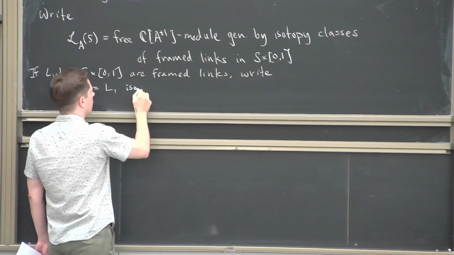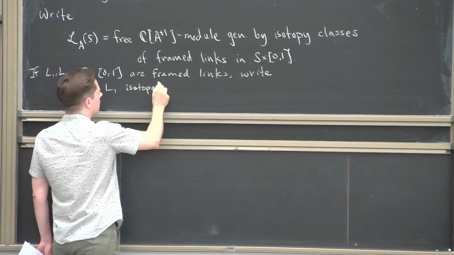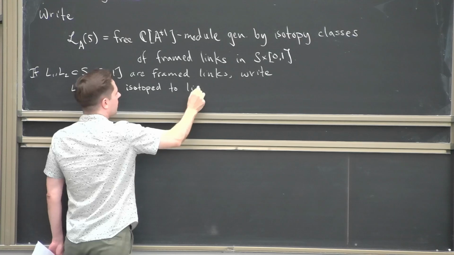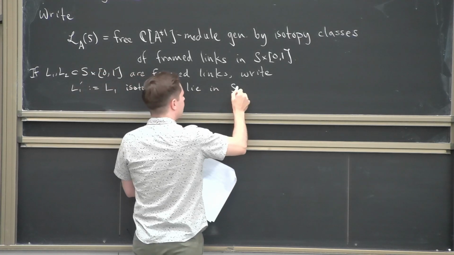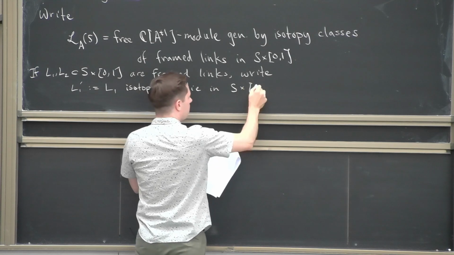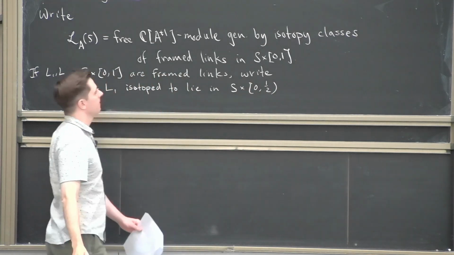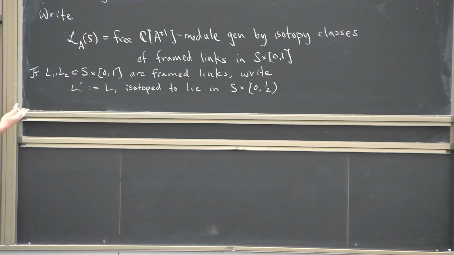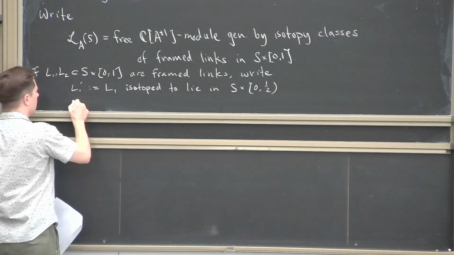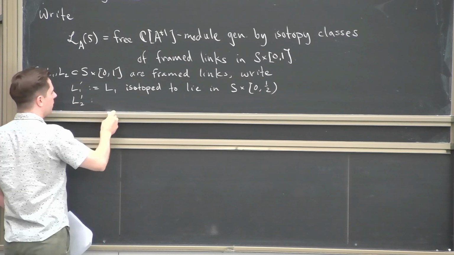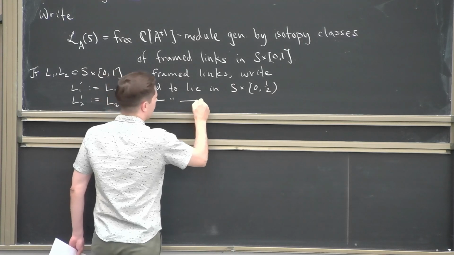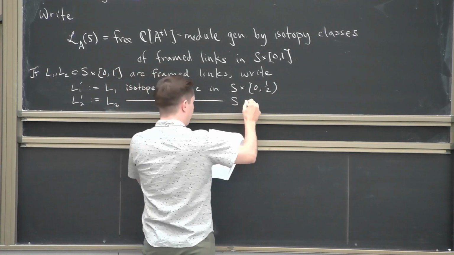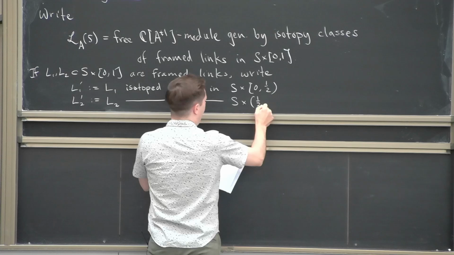So it's L1 isotoped to lie in this subspace S times the interval 0 to 1/2. Certainly you can always apply an isotopy to push any link into that part of the manifold. And similarly, let's write L2 prime for the link obtained from L2 by applying an isotopy so that it lies in this space, S times the interval from 1/2 to 1.